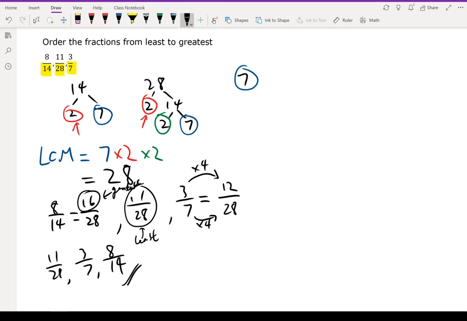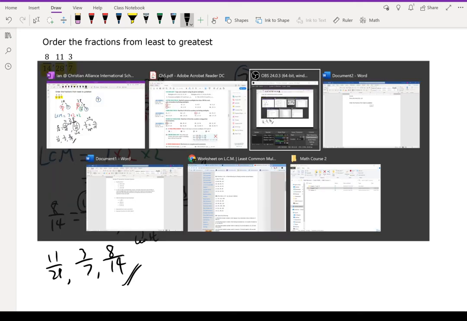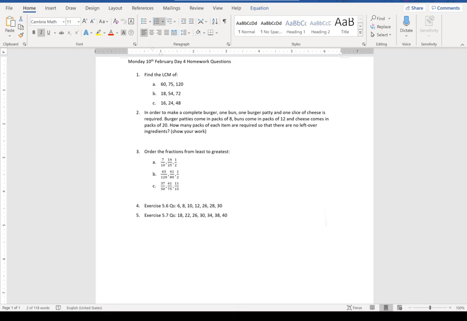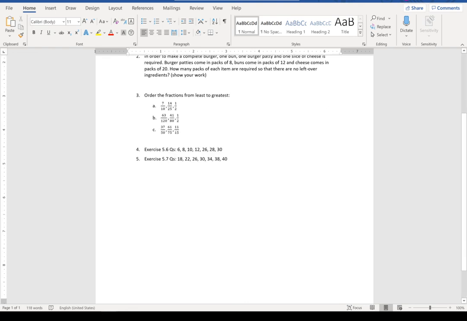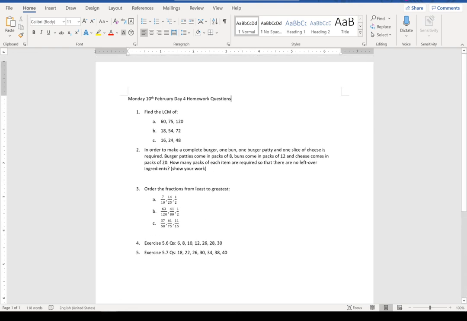Okay. So today, your homework, I have created another worksheet for you. The first two questions, let me find it over here. This is going to be the worksheet. So what you need to do is the first three questions, you write them down, find the LCM of the three numbers, show all your working out, and then question 2 is a little bit of problem solving for LCM.